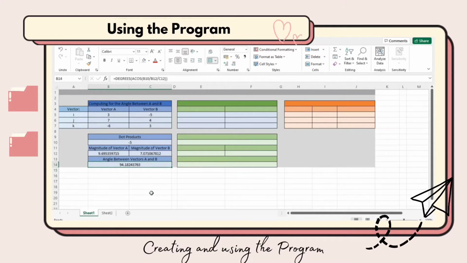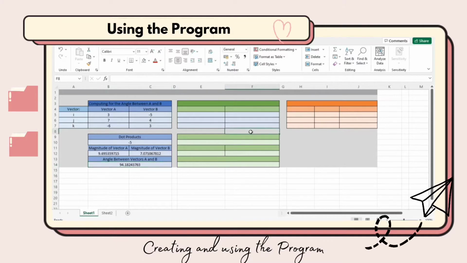So the angle between vectors A and B is 94.18. And that's done. We got the angle between vectors A and B with the use of the dot product, the magnitude of A, and the magnitude of B.